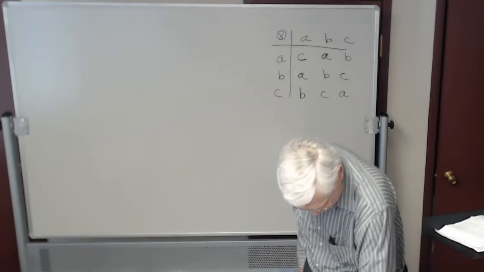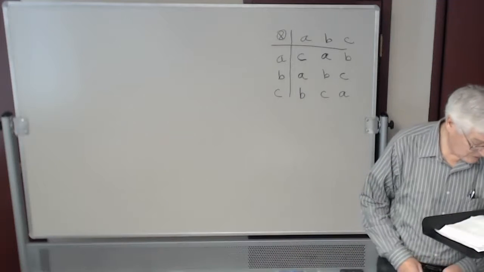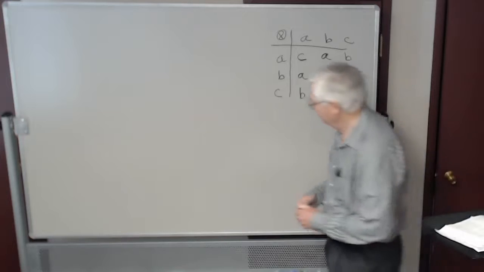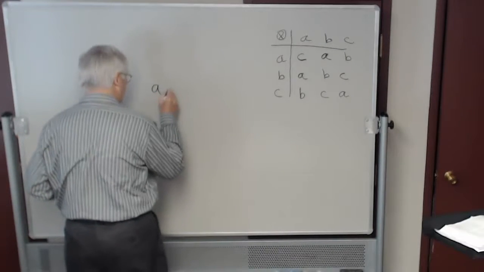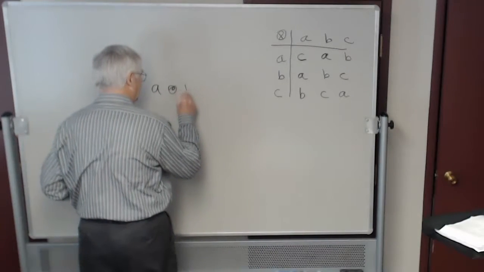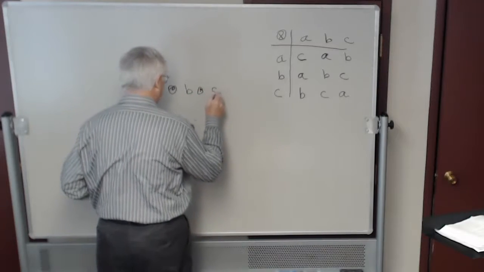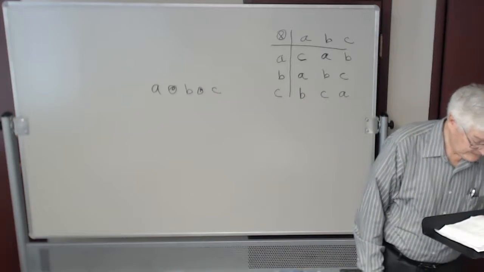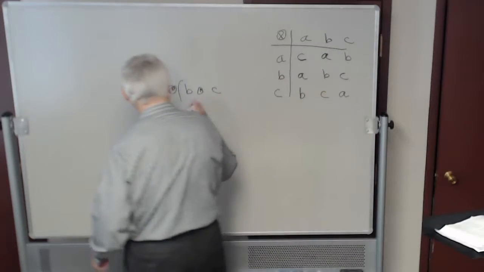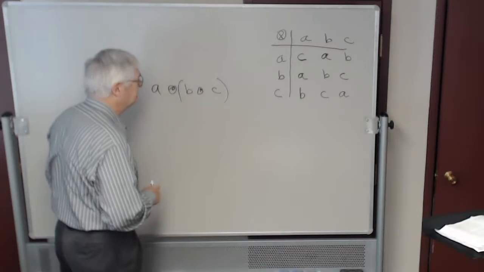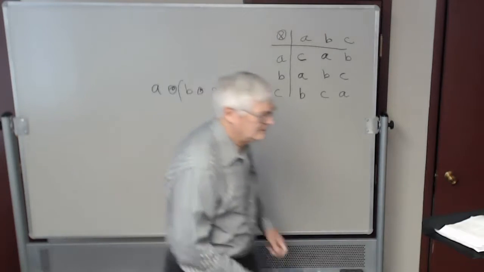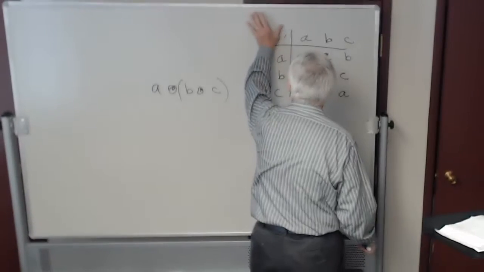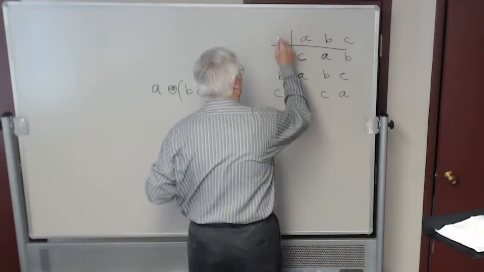Find, problem 2, find A circle (B circle C). And did they have parentheses around it? Yes, right here. So what do we do first? Do they have a circle? Did I put the wrong thing up in the corner? Sure enough, it's one of these.